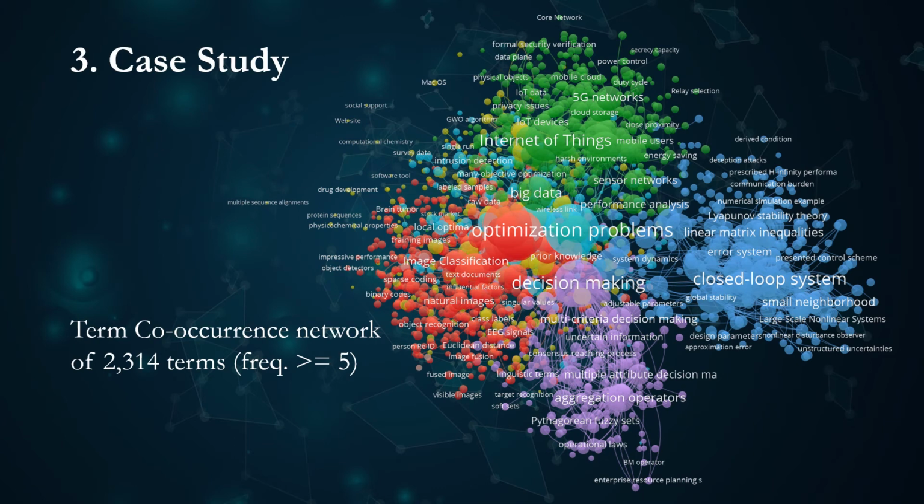Then we extracted terms from the titles and abstracts and ended up with this term co-occurrence network of 2,000 plus terms with frequency larger than 5. As you can see, this figure is generated by VOSviewer and it contains more than 5 clusters, but all the terms are organized on a flat level, so we cannot see how they are organized hierarchically.